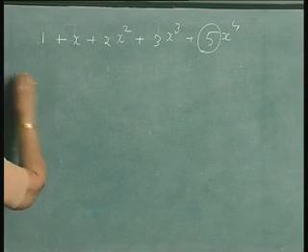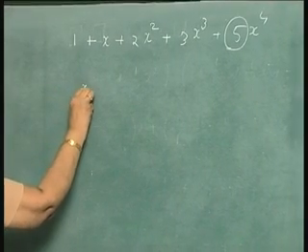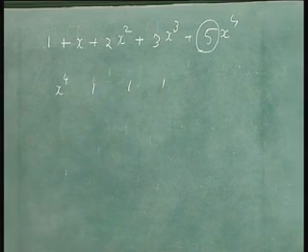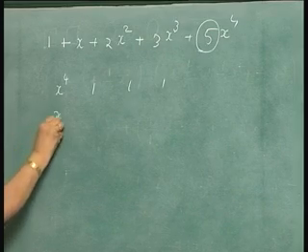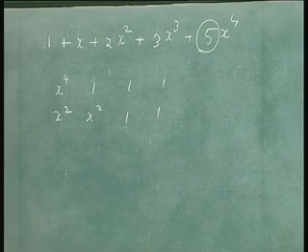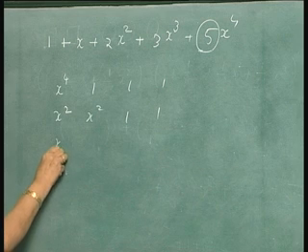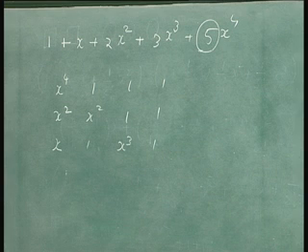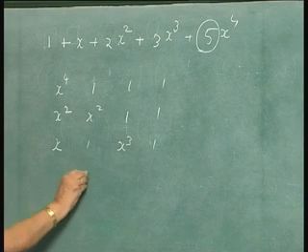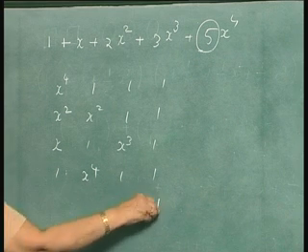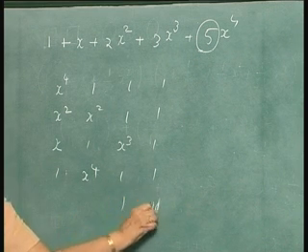See, the 4 expressions are there. From the first you choose x power 4, and from the second one you take the constant term, or you take x squared from the first one, and x squared from here and constant term from here, or you take x from here and x cubed from here and constant term here, or you take x power 4 here and 1 from the other, or you take x power 4 from here and constant terms here.